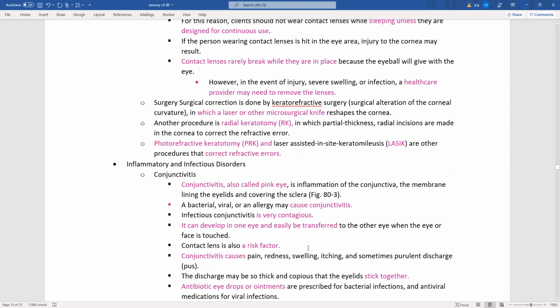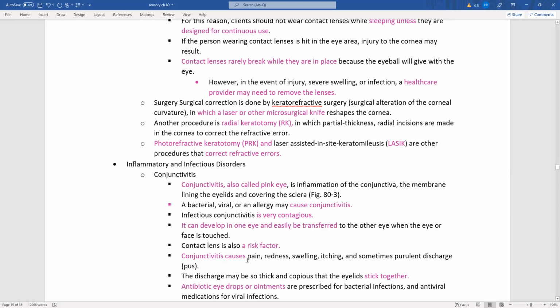A bacterial infection, a virus, or an allergy may cause conjunctivitis. Infectious conjunctivitis is very contagious. It can develop in one eye and easily be transferred to the other eye when the eye or face is touched. Contact lenses are also a risk factor. Conjunctivitis causes pain, redness, swelling, itching, and sometimes purulent discharge.